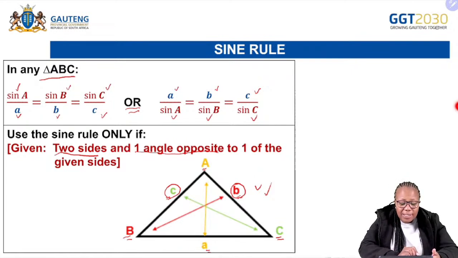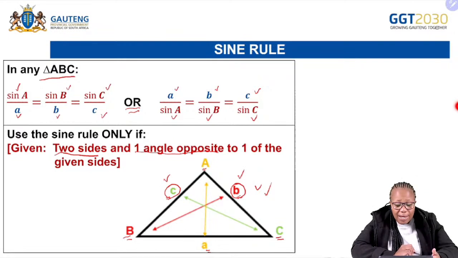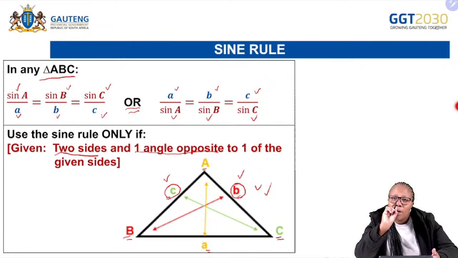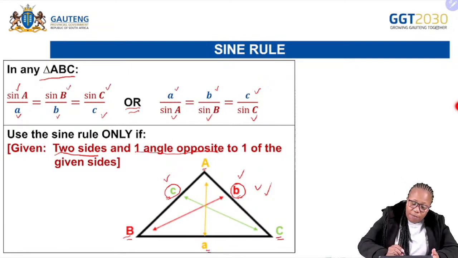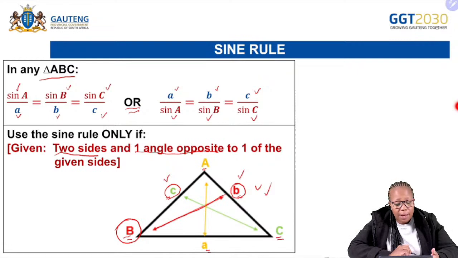This indicates that if I am given two sides, side C and B, we must also be given an angle that corresponds to one of those sides. For example, if I have side B here, angle B must also be given to me so that I can apply the sine rule. It must be two sides and an angle opposite one of the given sides. That is when you can apply the sine rule.